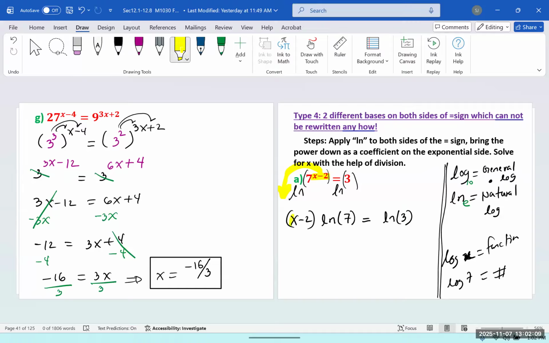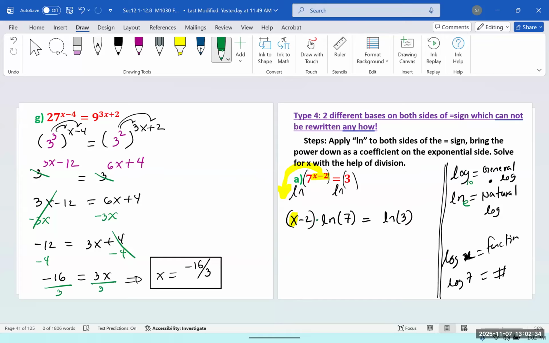Since our goal is to get this x alone, that means we need to get rid of the minus 2 and the ln of 7 from x. Which one do you think we should get rid of first? The minus 2 or the ln of 7? What's the relationship between x minus 2 and the ln of 7? We shouldn't distribute because our goal is to get the x alone.